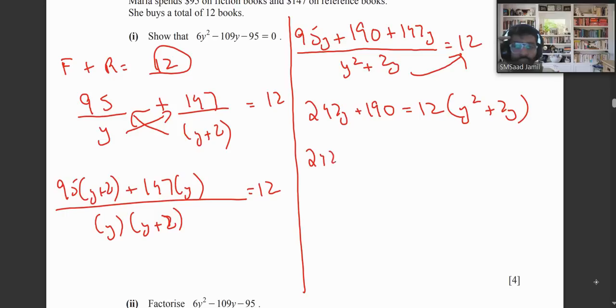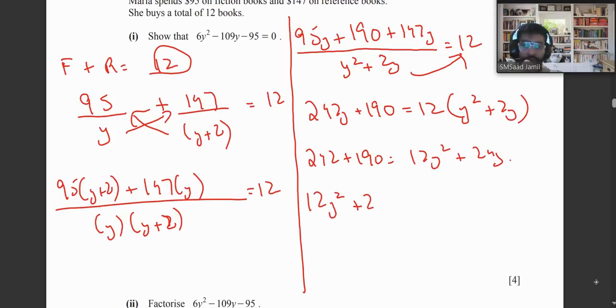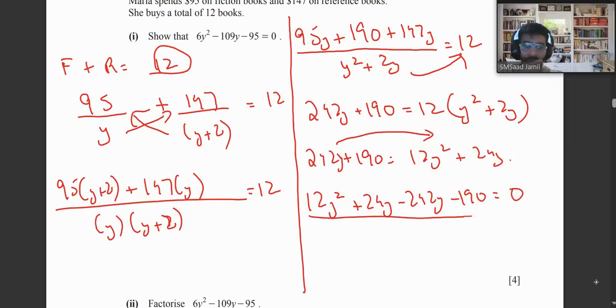So 242y plus 190 is equals to 12y square plus 12 multiplied by 2 is 24y. So 12y square plus 24y, we shift everything there, minus 242y minus 190 is equals to 0. Divide everything by 2.